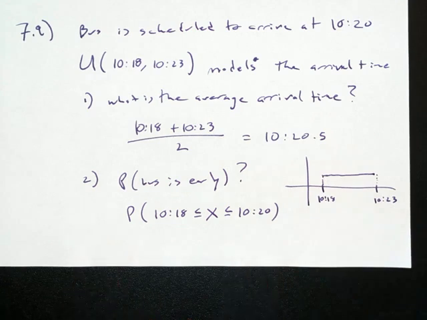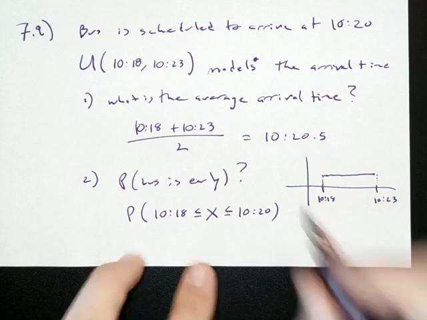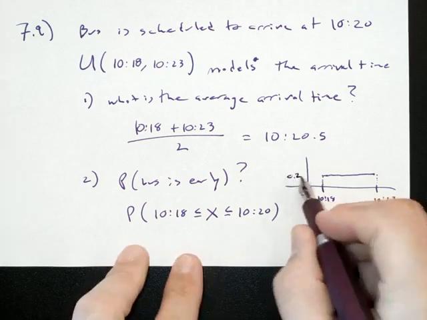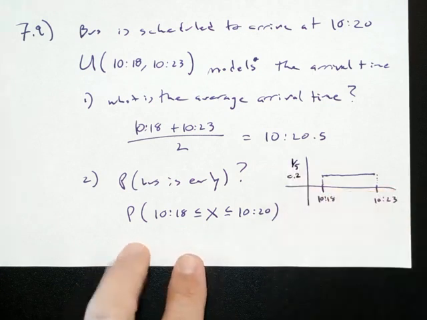That's my graph, right? It's a horizontal line between 10:18 and 10:23. What's the height? One-fifth, right? 5-minute window. The area has to be 1, so the height is 0.2 or 1/5.